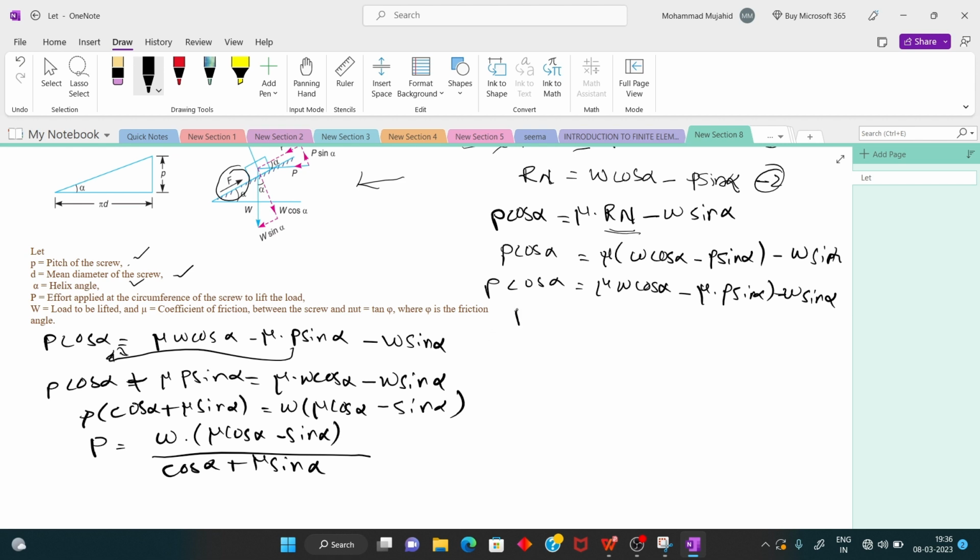We know that mu equals tan phi. We substitute that: P equals W into tan phi cos alpha minus sin alpha, divided by cos alpha plus tan phi sin alpha. So in this mu, you can substitute tan phi.